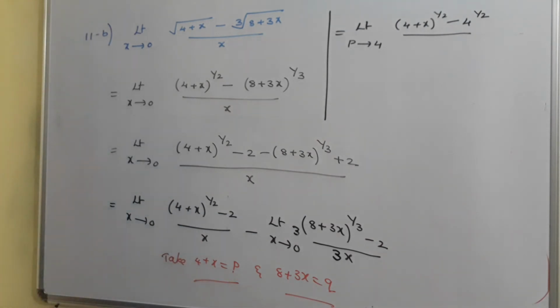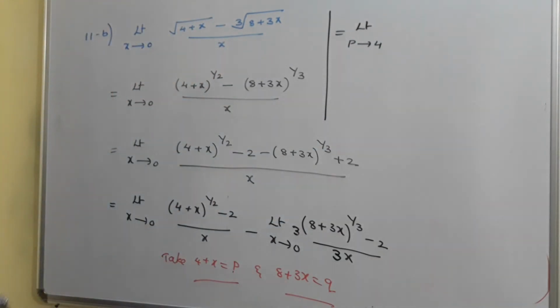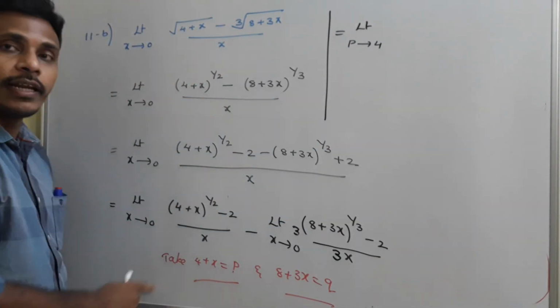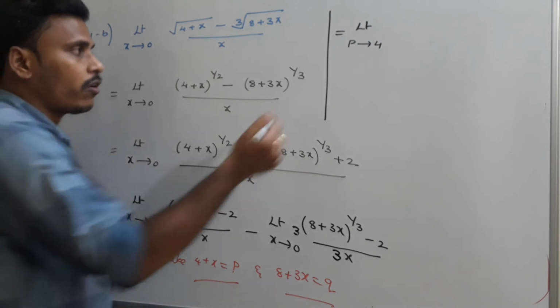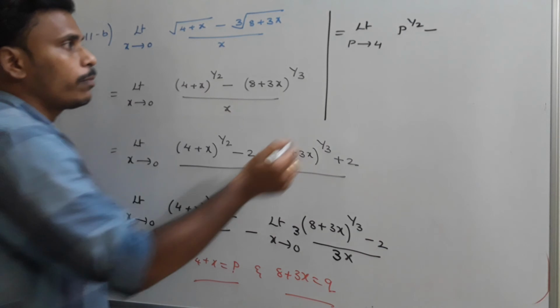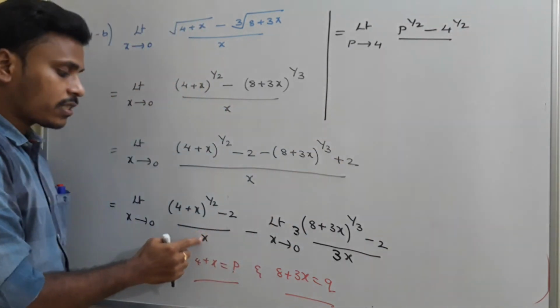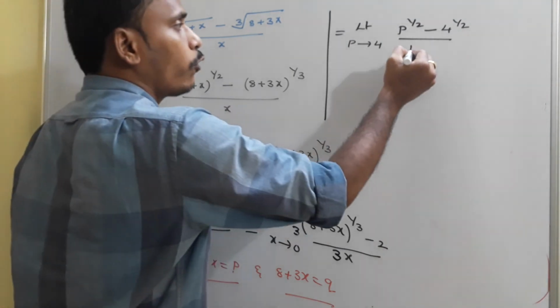I will write everything in terms of p. So x tends to 0 becomes p tends to 4, 4 plus x power 1 by 2 becomes p power 1 by 2, 2 becomes 4 power 1 by 2, and x becomes p minus 4.